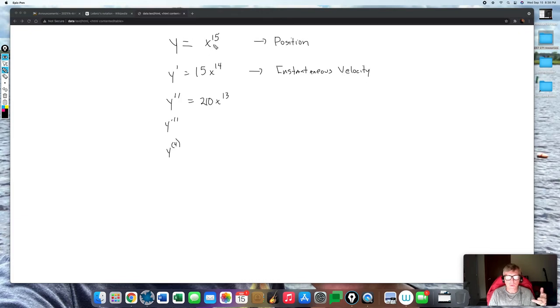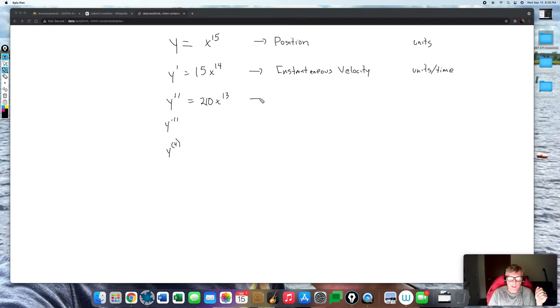So at x equals 1, y equals 1 meter maybe, but at x equals 1, y prime would give you 1 meter per second, or 1 mile per hour, or 15 miles per hour, 15 meters per second. These would be units that we would use, right? So for position, you'd have units, and this would be units over time. Meters per second, miles per hour, whatever.